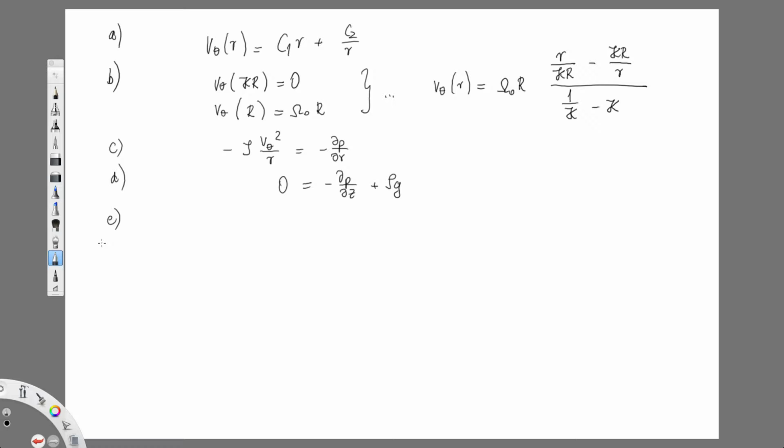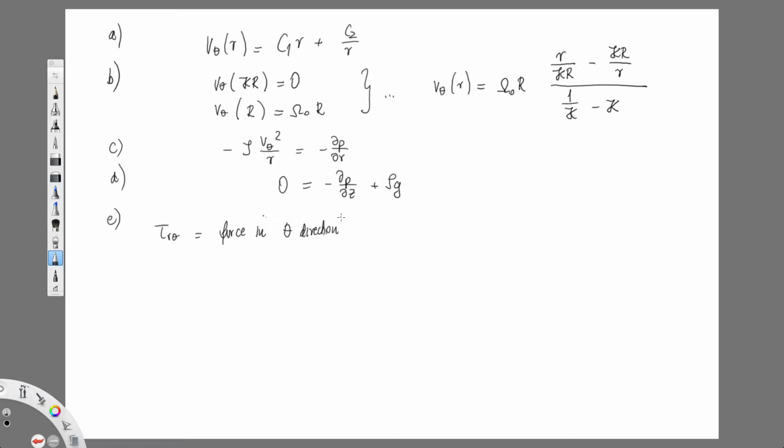Tau r theta. So my tau r theta is force. Force is in which direction? Theta direction, right? That's my velocity direction.